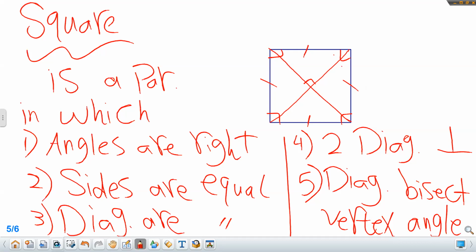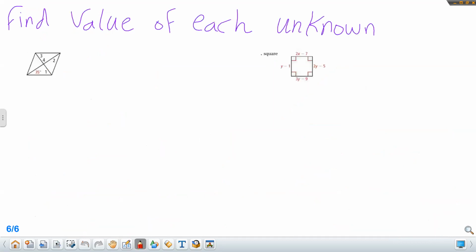Okay, a simple exercise to check your understanding. Find the value of each unknown. In the first figure, you have the information that this figure is a rhombus. What are the properties of a rhombus?